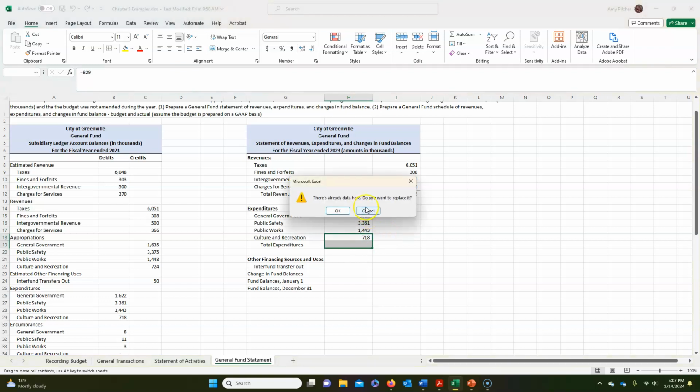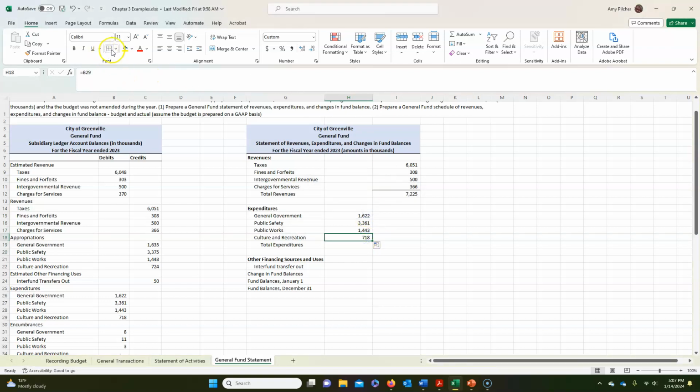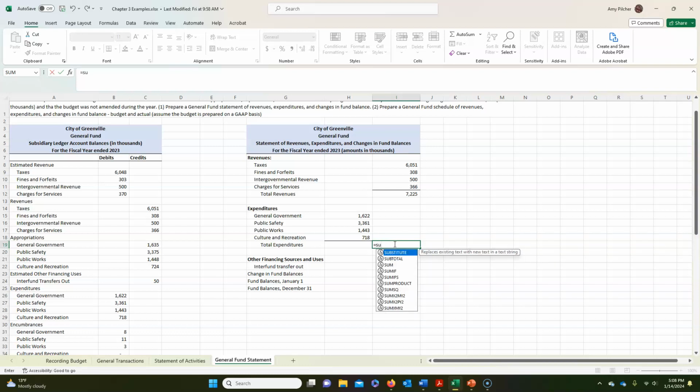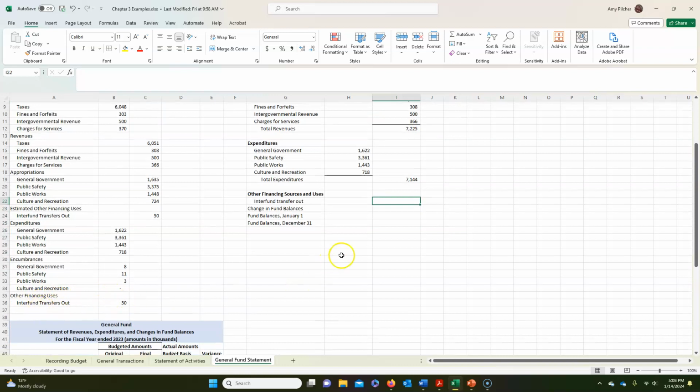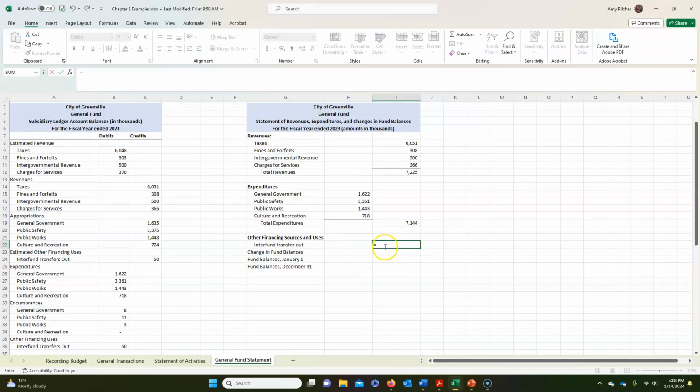And then you can see this is very similar to an income statement where we have our revenue minus our expenses. We then have different interfund transfers. So we have this $50 transfer out. So we have transferred out $50.